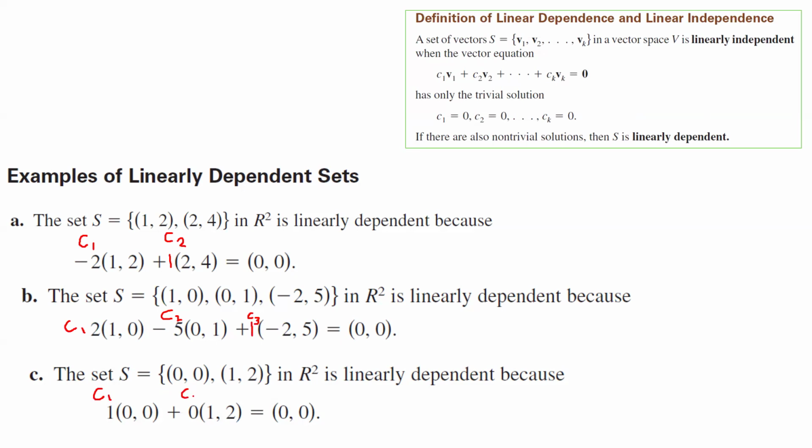I don't have any issue with C2, but I have an issue with C1. C1 equal to 1 multiplied by the first vector plus C2, which is 0, times the second vector gives me 0 back. But C1 is non-zero. So these are all linearly dependent vectors.